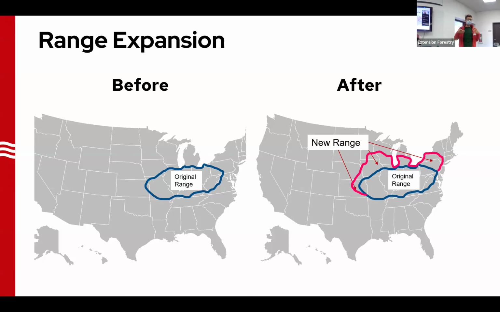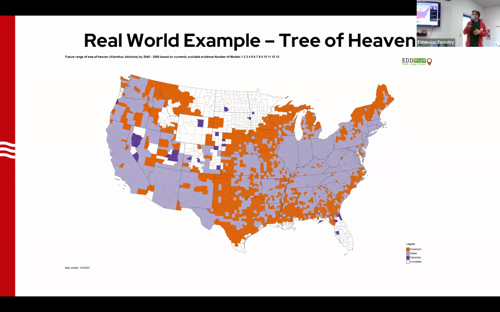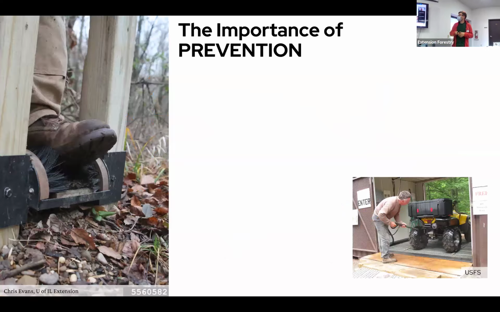So in effect, that species is allowed to explore and establish itself a little bit further north. Scientists are tracking this with some species such as tree of heaven, which is an invasive tree species to the south of us. Over time, it may show up in Wisconsin.